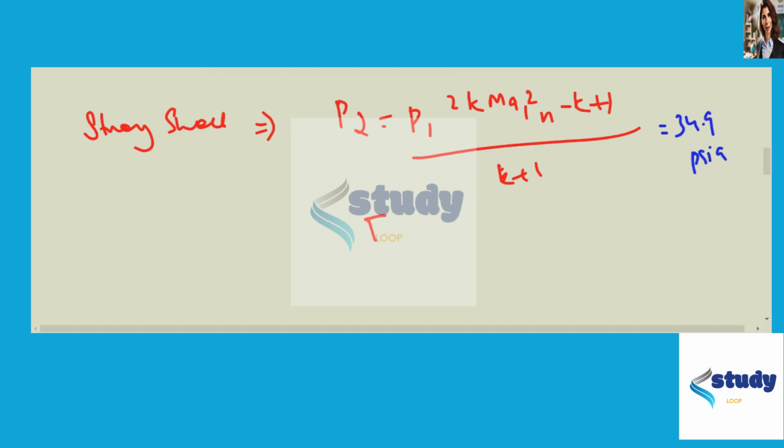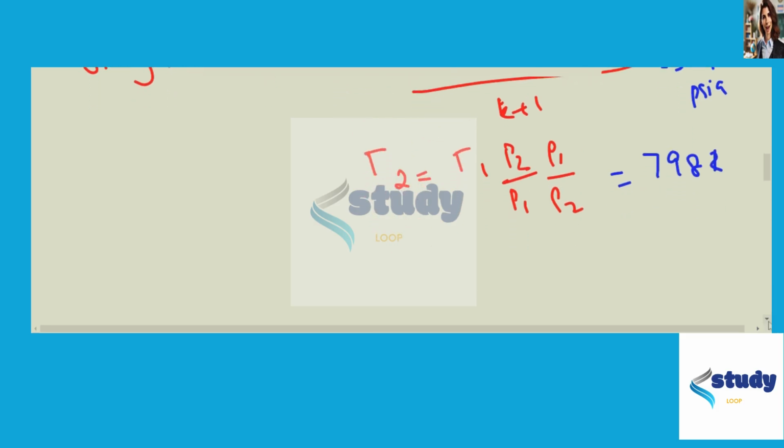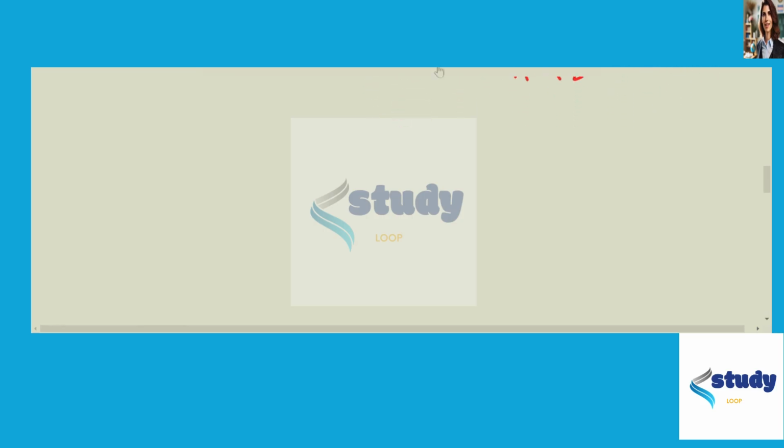Then for the temperature, T2 = T1 (P2/P1)(rho1/rho2), and the value here is 798 R. The downstream Mach numbers also we have to find, for both the weak shock and the strong shock.